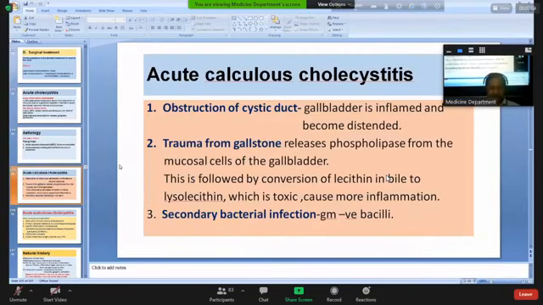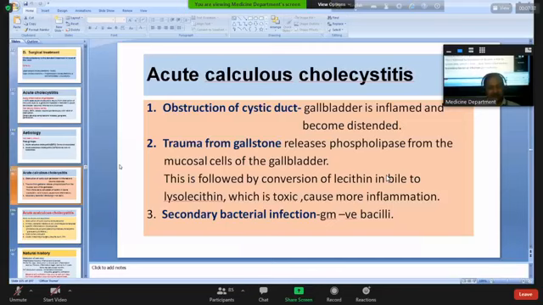The second factor related to acute inflammation: because of the presence of the gallstone, it releases phospholipase from the mucosal cells of the gallbladder. By repeated minor trauma with the gallstone, the phospholipase enzyme is released from the mucosal cells. This is followed by conversion of the lecithin in bile to lysolecithin, and this lysolecithin is toxic and causes inflammation.